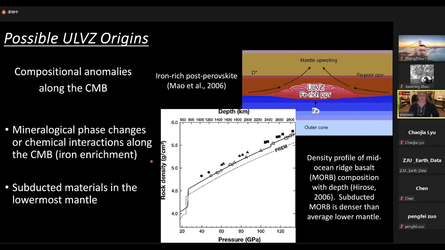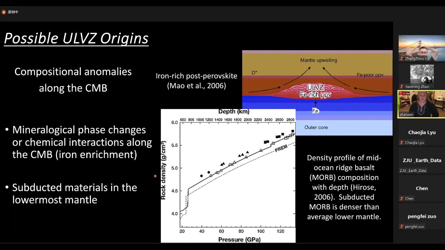Or certain mineralogical phase changes, such as that from perovskite to post-perovskite, can also lead to iron enrichment, such as that illustrated in this top cartoon by Mao et al. And in both cases, by having enriched iron content, it actually lowers the shear wave velocity and increases the density under deep mantle conditions, which are both characteristics of ULVZs. So perhaps this is a possible source.